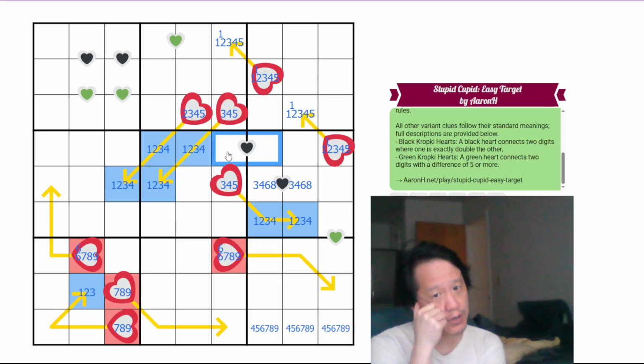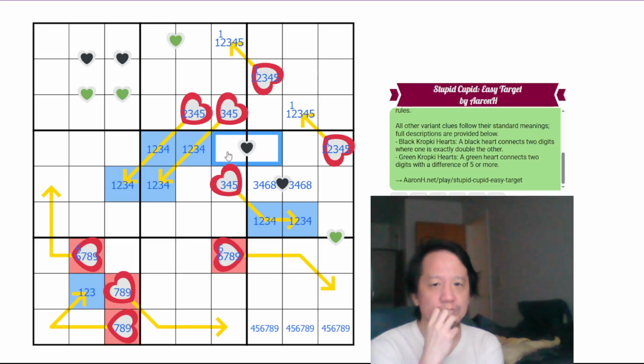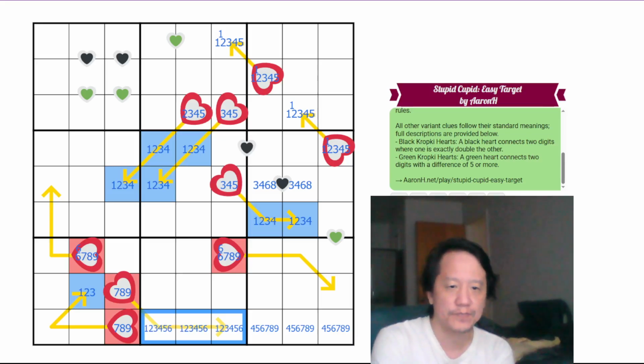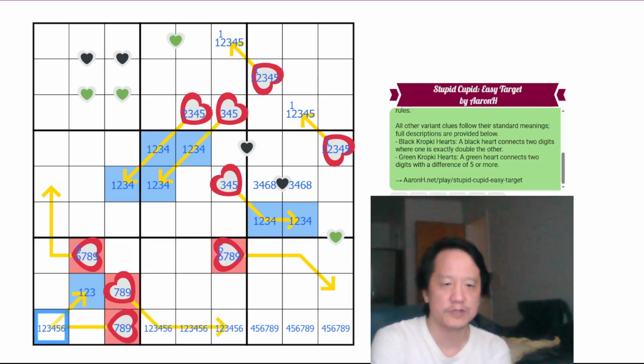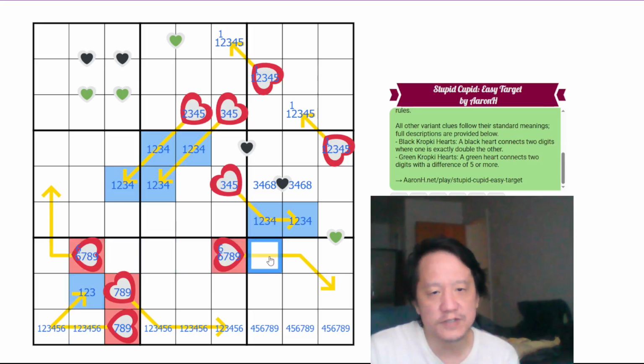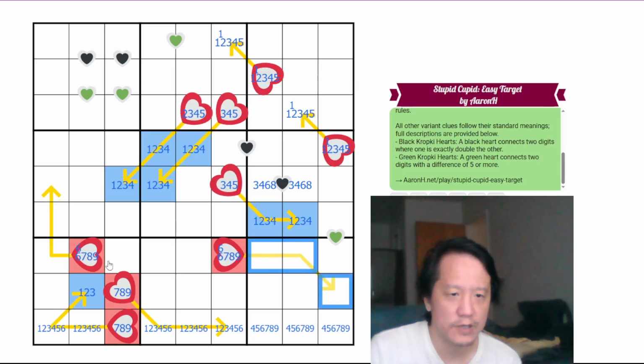Surrounding the green Kropke heart. So these digits have to be 1 through 6 here. And this must be 1 through 6 here. One of these sets is going to be 1, 2, and 3.